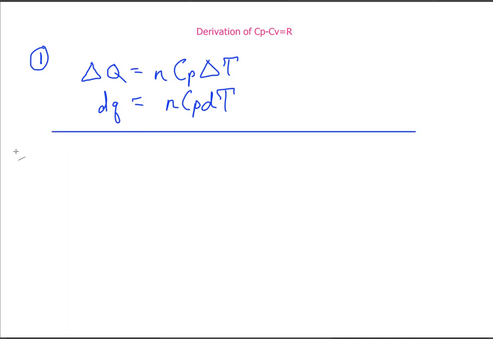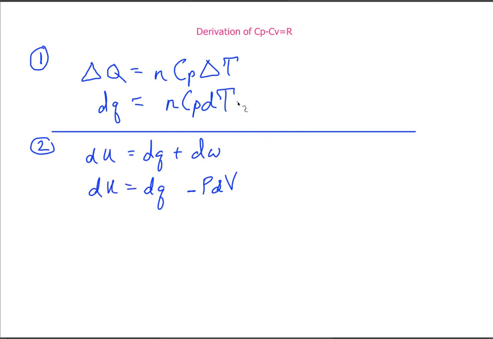All right, then we're going to go to a second step. In the second step, we're going to introduce the first law. The first law says that the change in energy is the change in heat plus the change in work. And then if we hold pressure constant, that'll cause our change in work to be minus PdV. We're going to keep dQ, and we're going to keep dU.